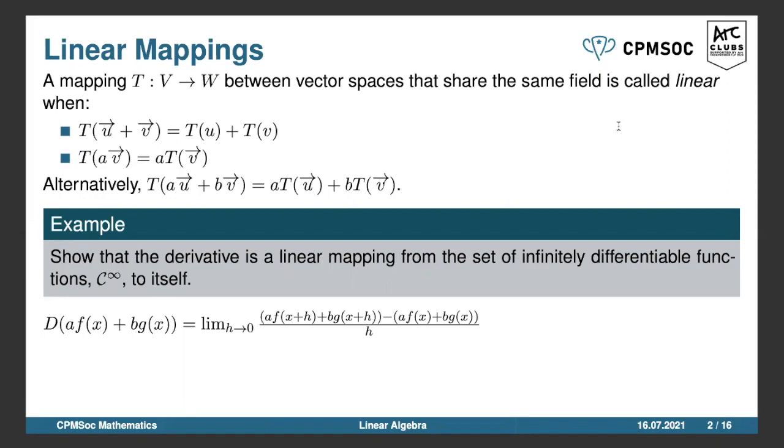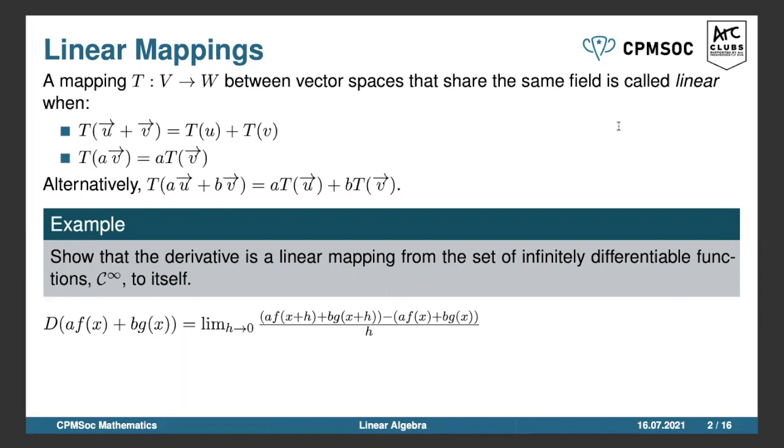Yep, so the limit when h approaches 0 of this formula is the derivative of a times f(x) plus b times g(x), right?